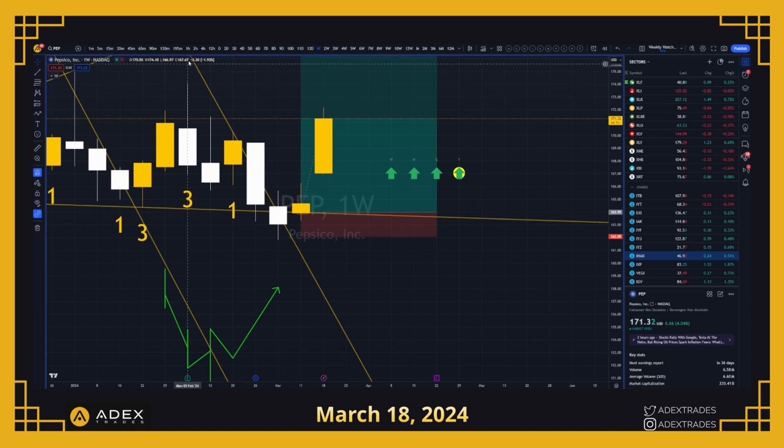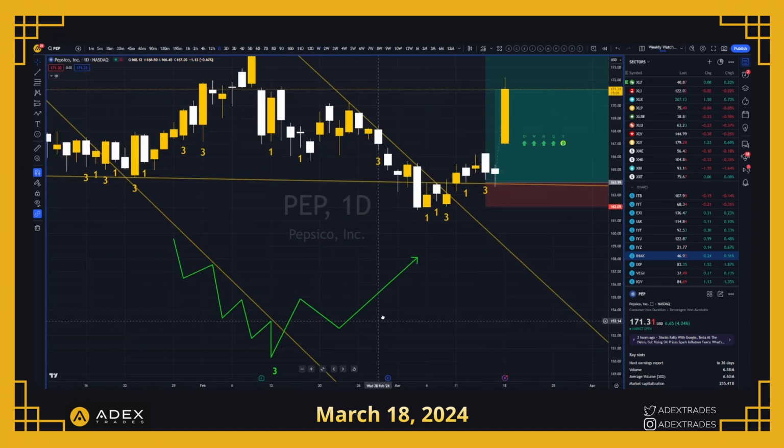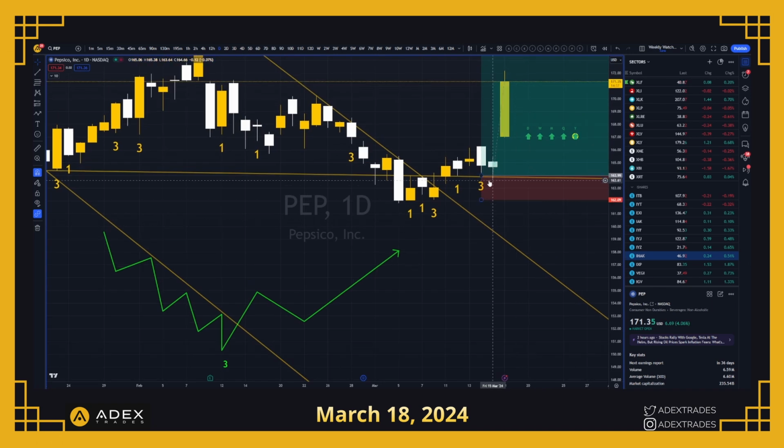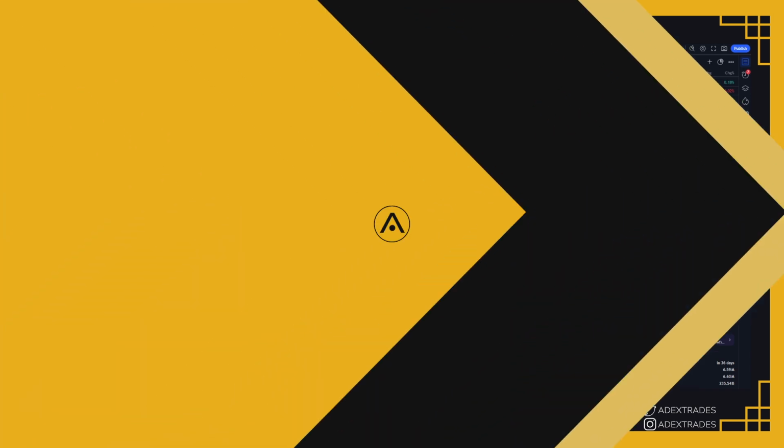Remember, when it comes to this Abby model, once the higher high is placed, what are we looking for to actually confirm if we get the trend change? The higher low. Because remember, lower high, lower low, lower high, lower low, and all of a sudden you get a higher high. The confirmation once you get the higher high is a higher low. And once Pepsi started hammering on Friday, I was like, hallelujah.